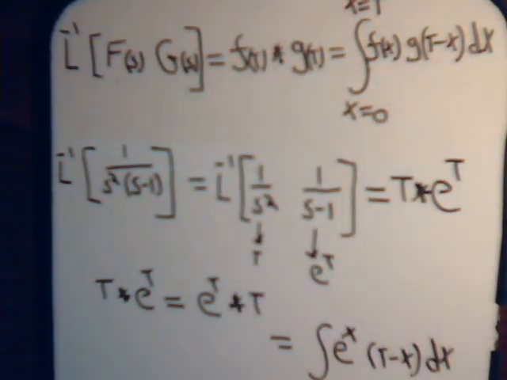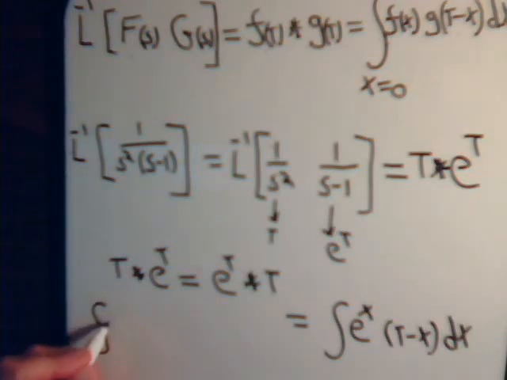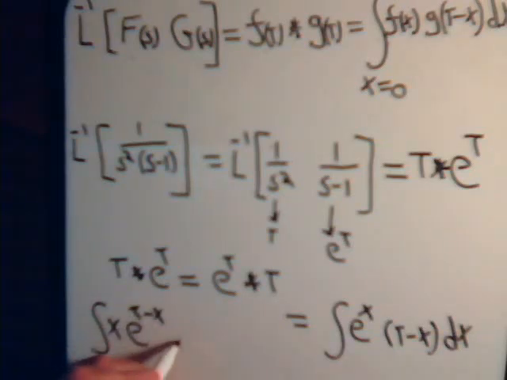Well, g of t is just t, so in here it's t minus x. Now, if we had it the other way and put it in integral form, this would be x times e to the t minus x dx.